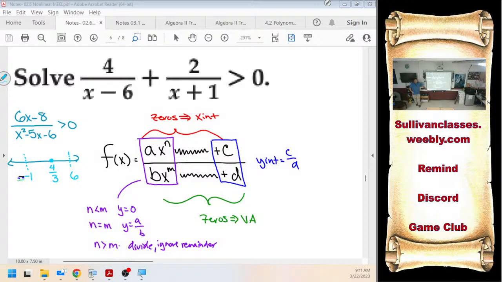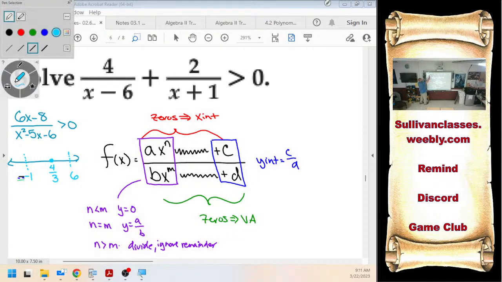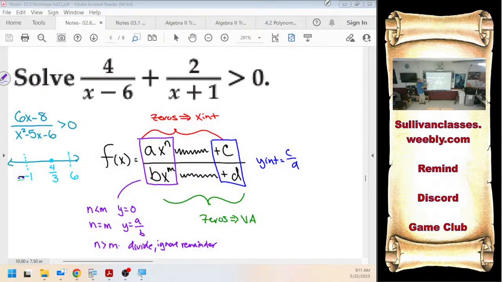I could just plug numbers in. Yeah, it's open notes, open everything. I could test this right now by putting a -2 in there. -12, -20, 4 plus 10 minus 6, so that's negative over positive, negative. Put a number between -1 and 4/3.